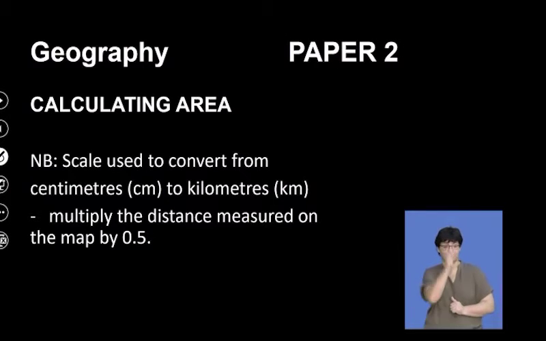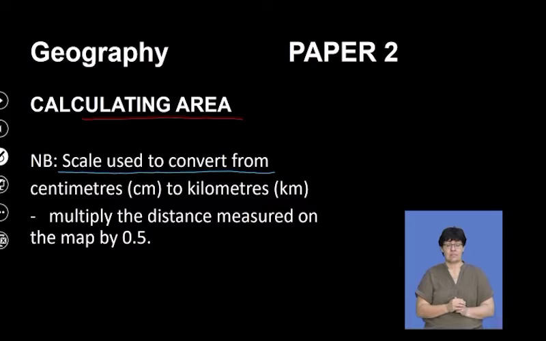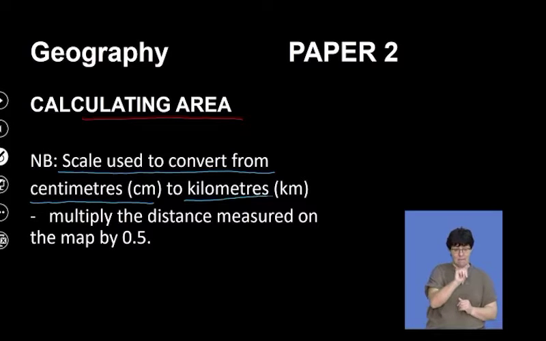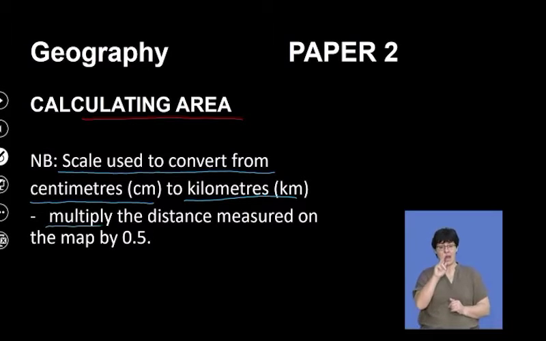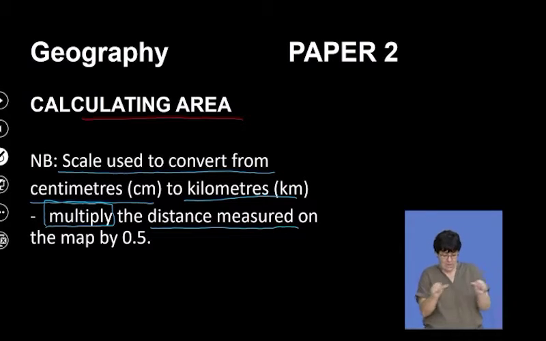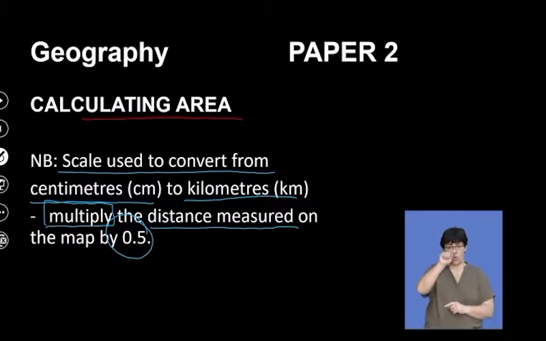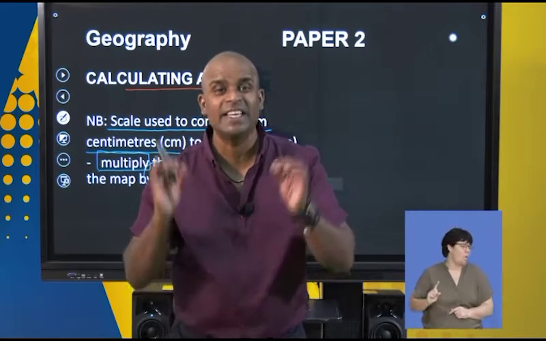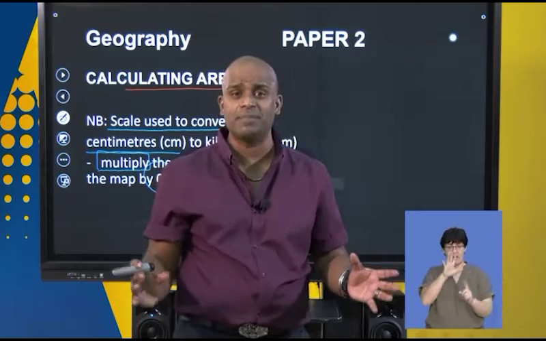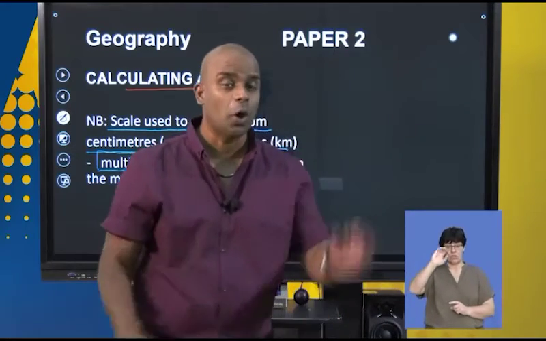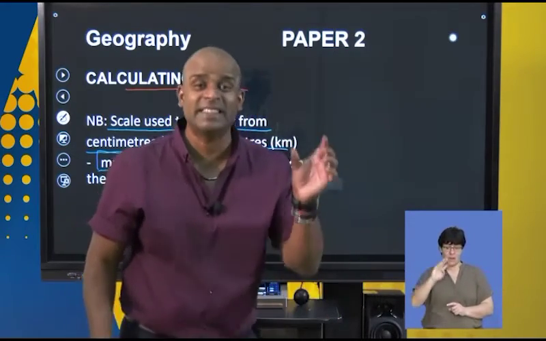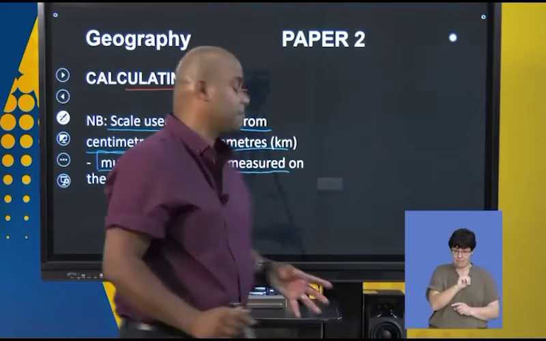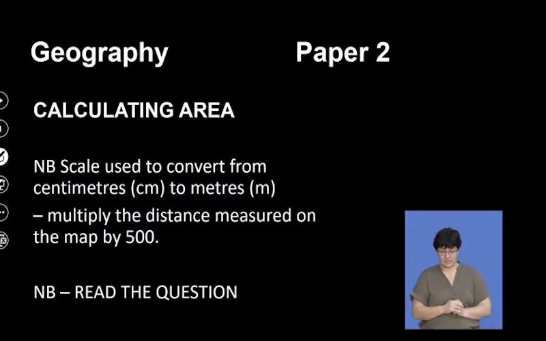Note the following. When it comes to calculating area, you should always remember scale is used to convert centimeters to kilometers. In order to do this, we multiply the distance measured on a map by 0.5. That means that on all 1:50,000 topographic maps, the scale that we use when we measure on a map in centimeters is 0.5. So let's look at some examples.